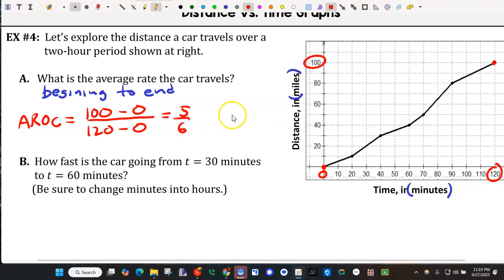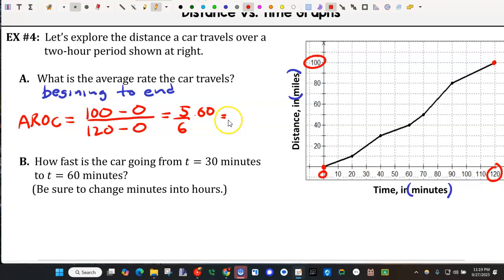Now, this is in miles per minute, which is not really a good unit, so we like to have a useful unit. Let's make this in miles per hour. So 5 sixths, which is a little less than 1 mile per minute. How fast is that going? So let's multiply this by 60, and that'll give us miles per hour.